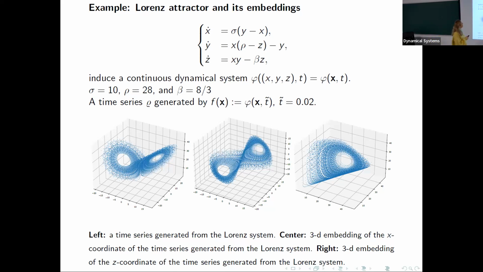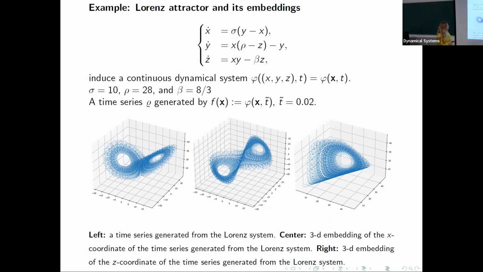So this is the well-known Lorenz system. It is a continuous three-dimensional dynamical system, and we choose values of parameters where it is known that it produces this famous butterfly-like attractor.